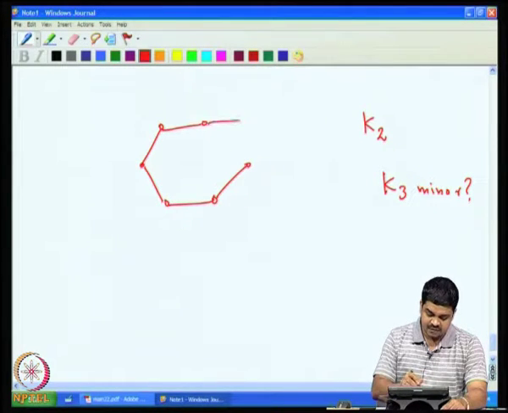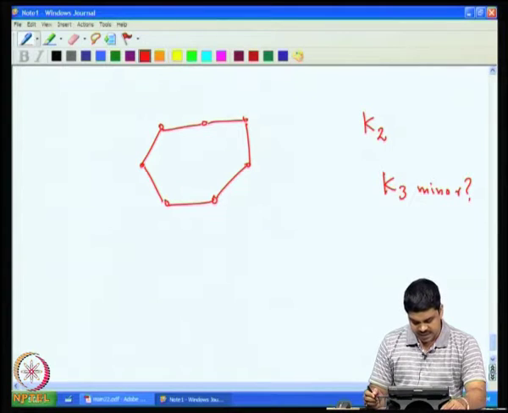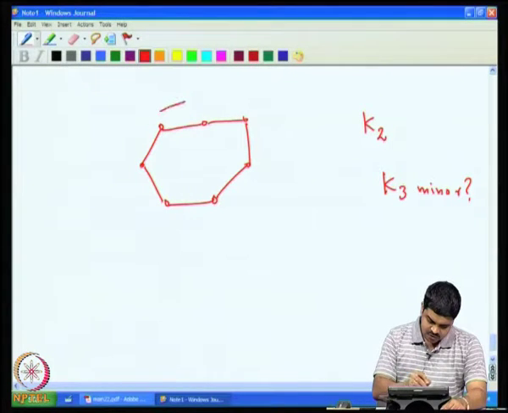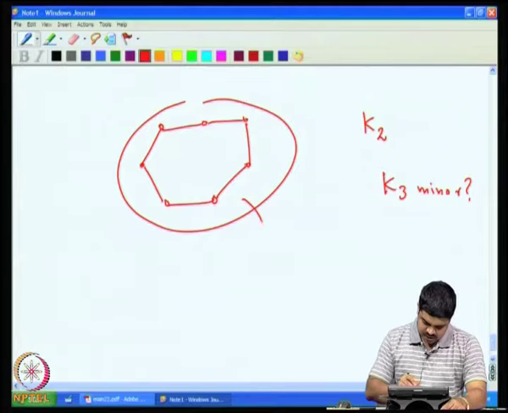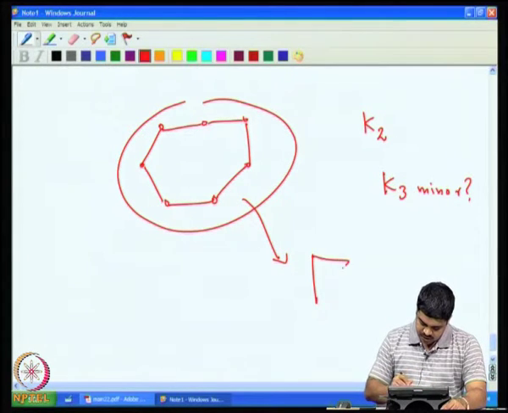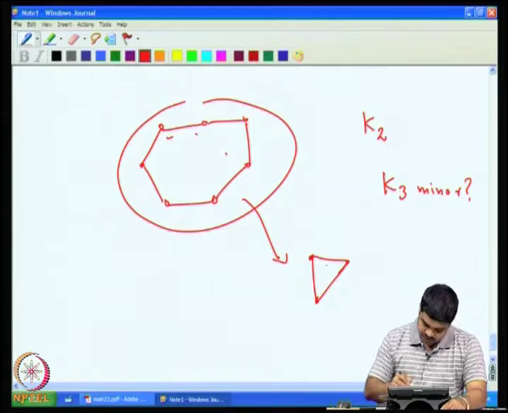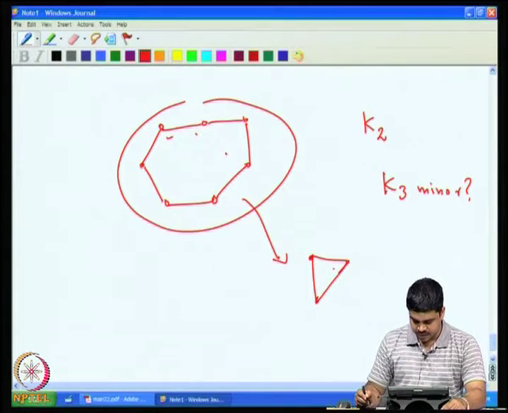If it were acyclic, it should be colorable using just how many colors? Yes, two colors. Now, 3 colors are required. If there is a cycle, then we can contract it and get a K3 minor, right. You just contract edge by edge, and you can convert it to a K3 minor.